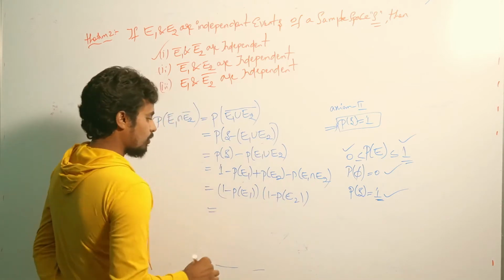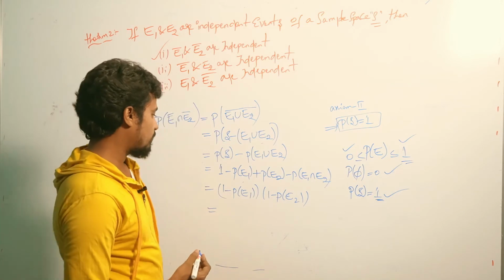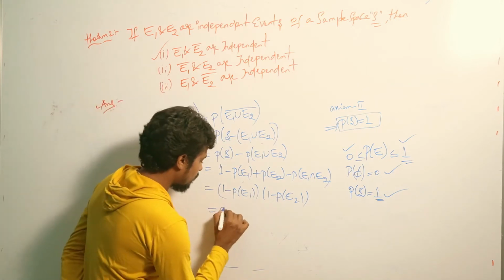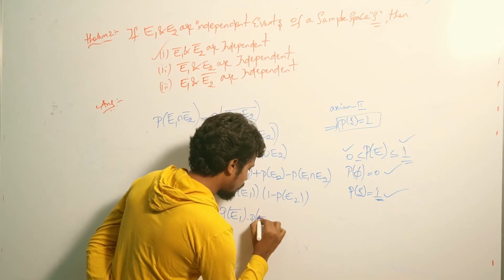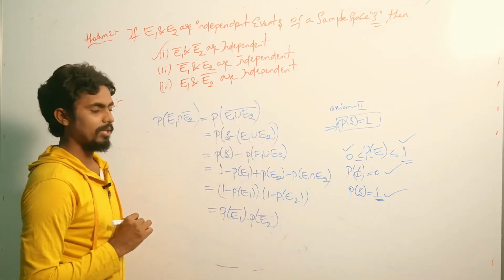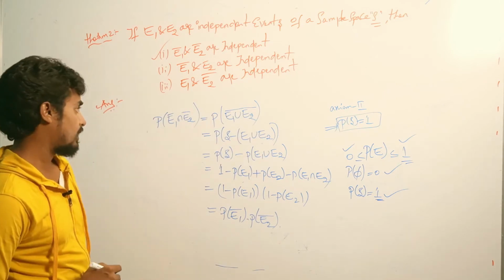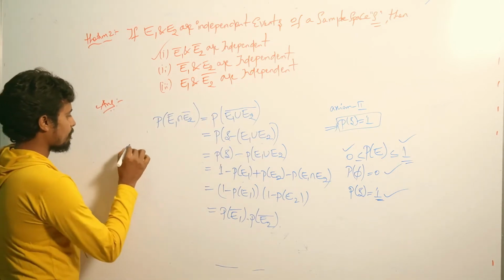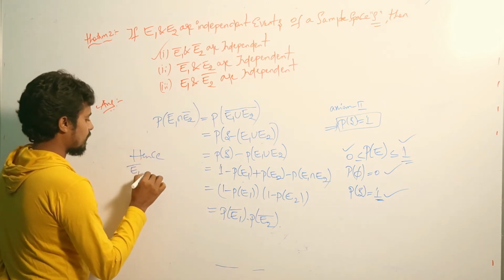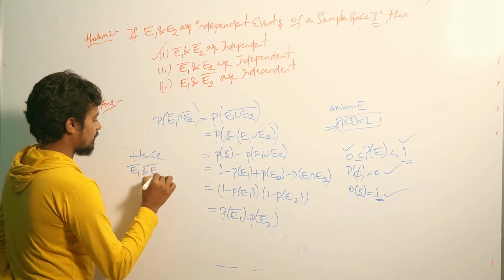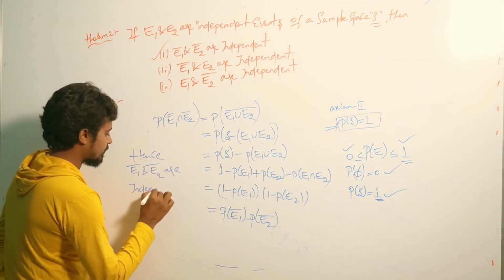In terms of complement, this becomes P of E1 bar into P of E2 bar. This will be the result. Hence, E1 bar and E2 bar are independent events.